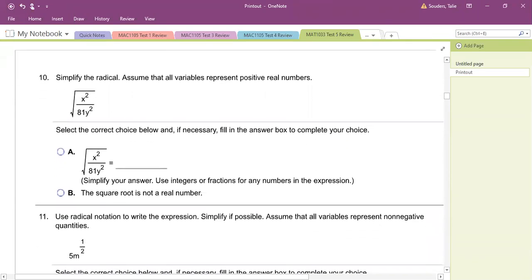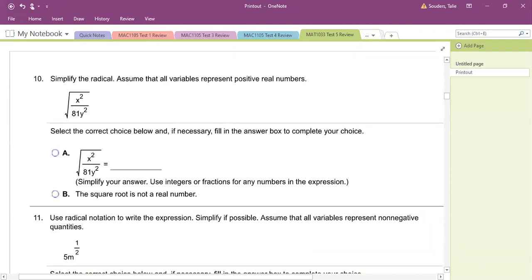What about this one? Don't you break it up the same way? Mm-hmm. Very good. So what is the square root of x squared?